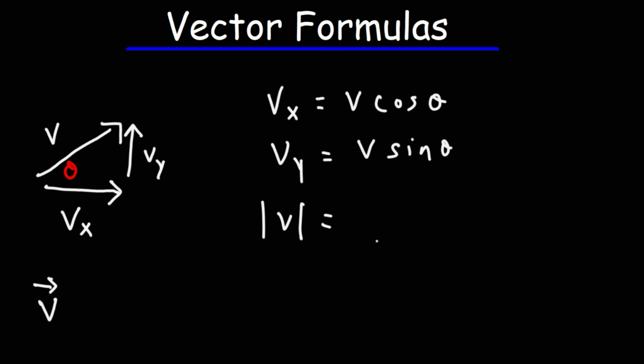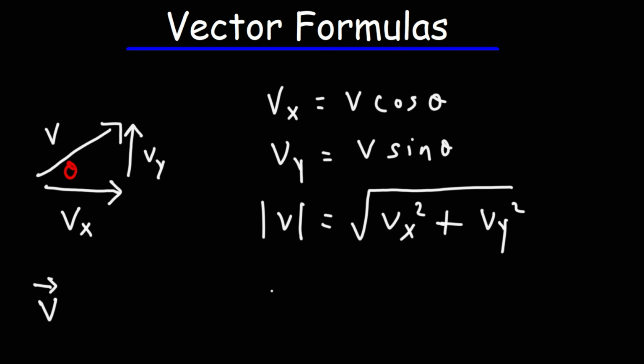But the magnitude of vector v for a two-dimensional vector is the square root of vx squared plus vy squared. So you get this formula by using the Pythagorean theorem. A squared plus b squared equals c squared. When you solve for c, it's the square root of a squared plus b squared.